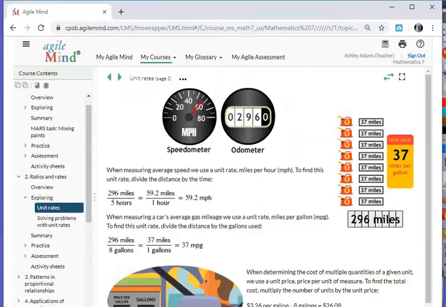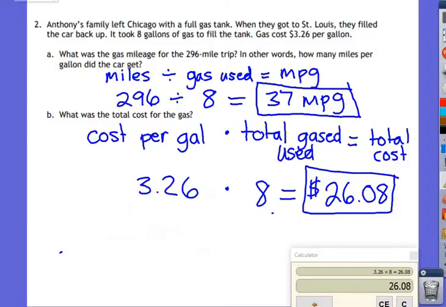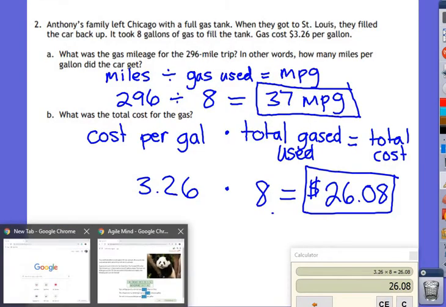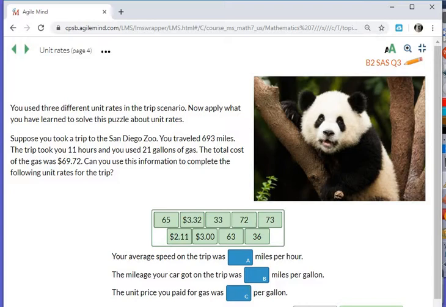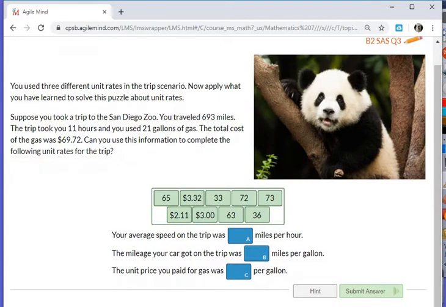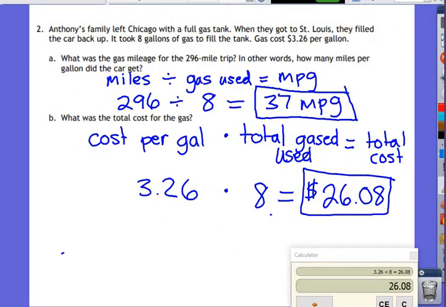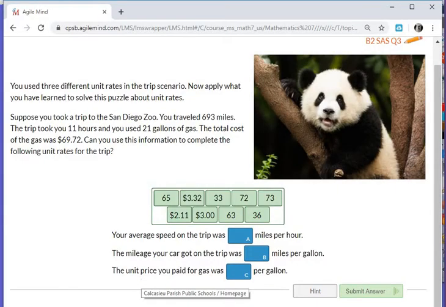Okay. Let's see. So problem 3, we have a panda bear here. Alright, so this panda bear says, you took a trip to the San Diego Zoo.